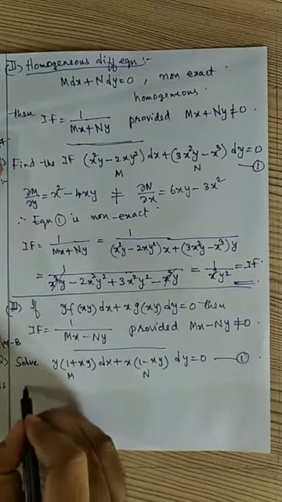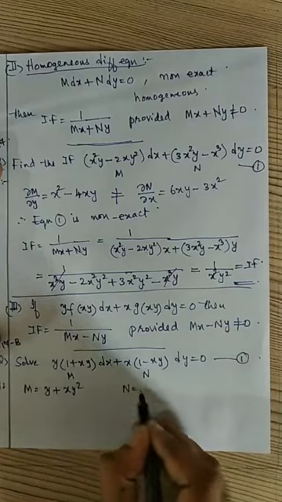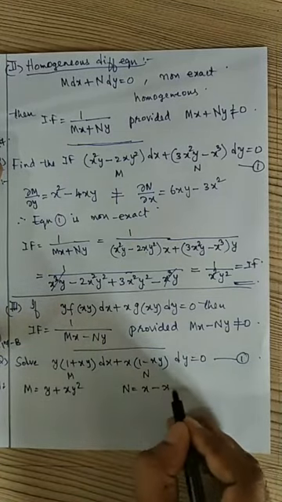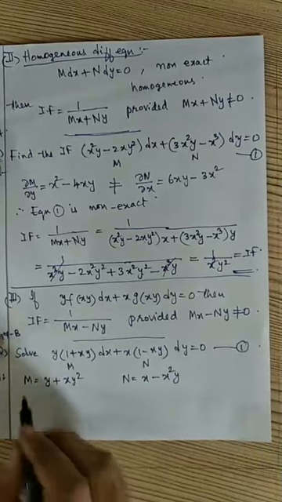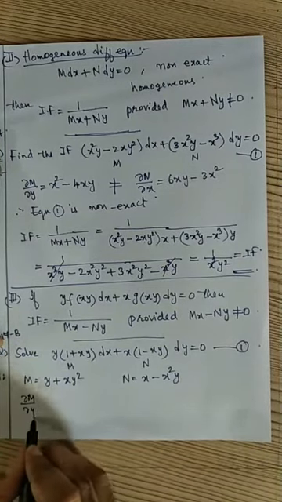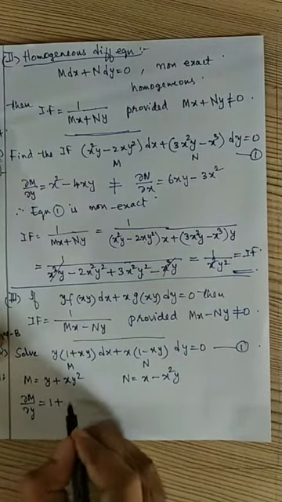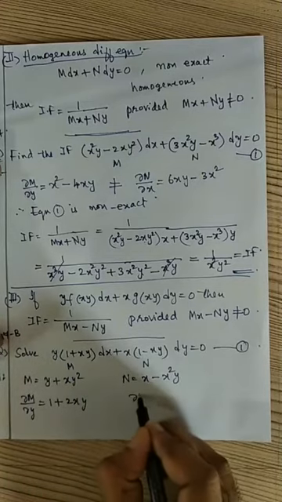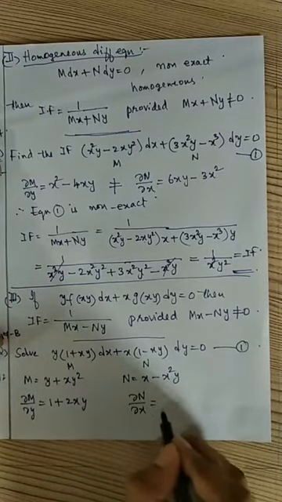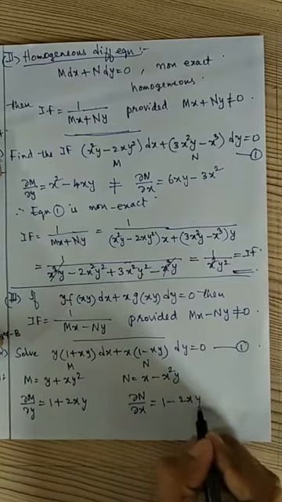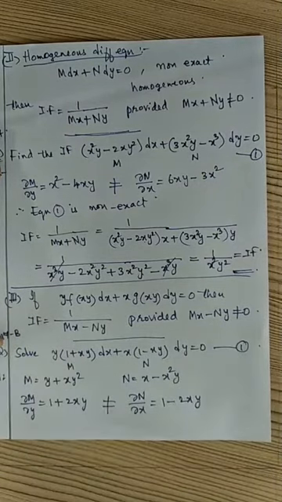M is given by y plus xy square, and N is given by x minus x square y. Then find dou M by dou y, which is given by 1 plus 2xy, and dou N by dou x, which is given by 1 minus 2xy. You can observe that they are not equal.